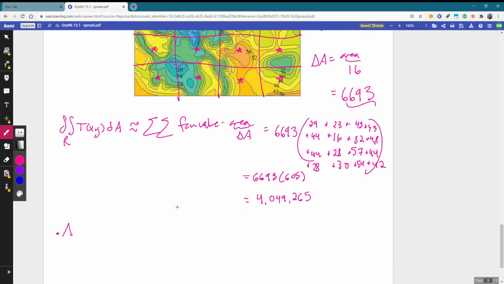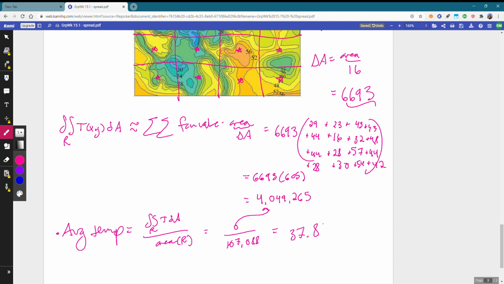And so our average temp, which is our double integral over the area of our rectangle, would be that 4 million-ish divided by our area, 107,088. And so it's dividing those two numbers. We get about 37.8 degrees Fahrenheit as the average temperature at that time.